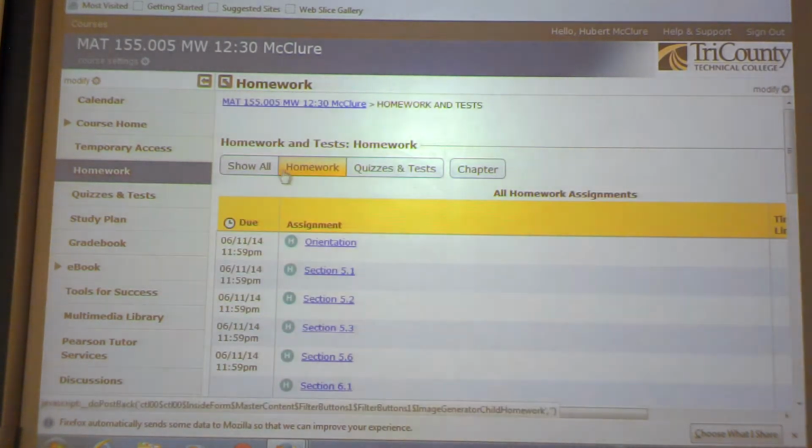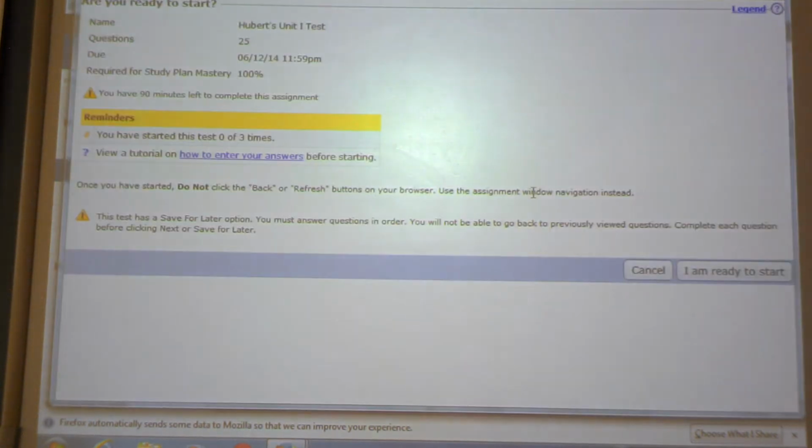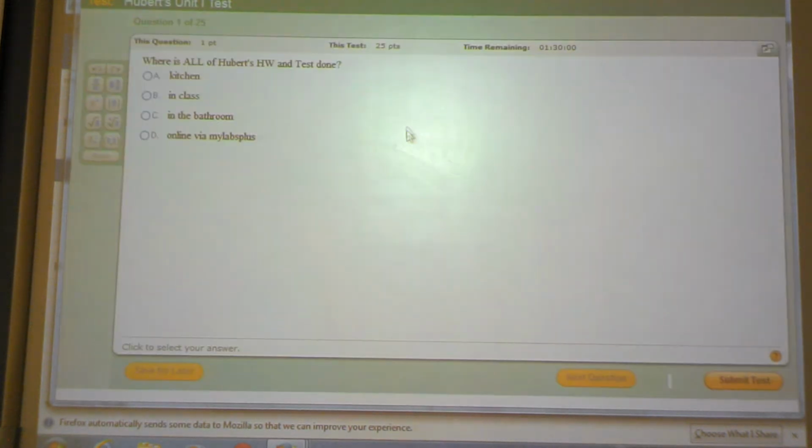Let's go ahead and look at that test, and see what you got on there. This is where all of the homework and tests are done throughout the whole semester. Online video not allowed to us.